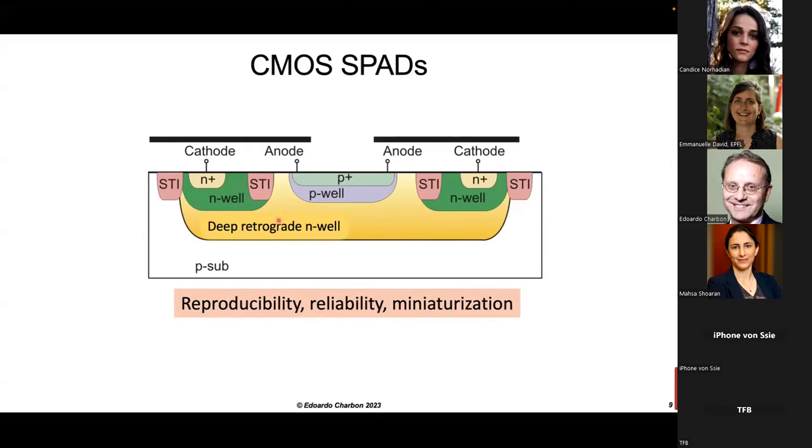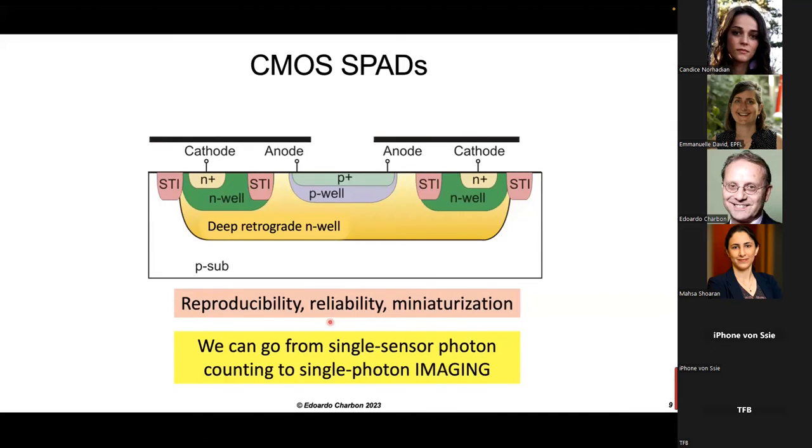And essentially once you find the right combination of layers, you can always have working SPADs. It's reliable. And most importantly, it's miniaturizable. So that means that you can build a very large number of them. And using the economy of scale in CMOS, you can build millions in a relatively small space.